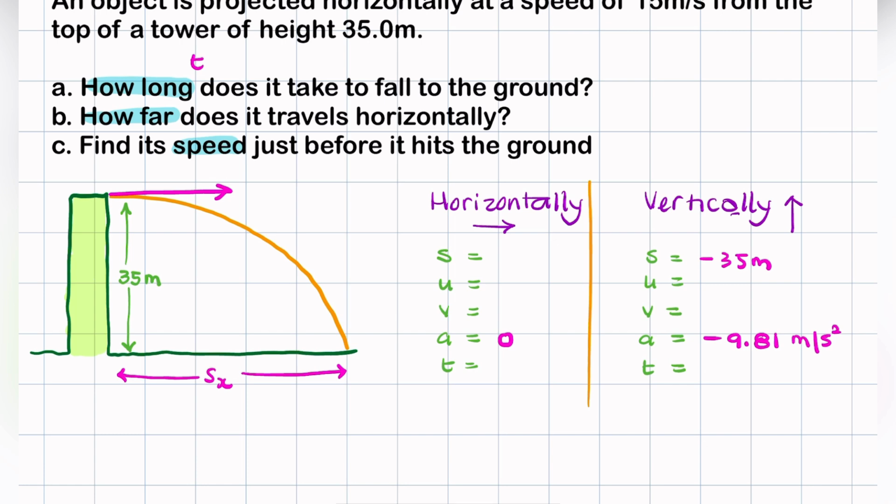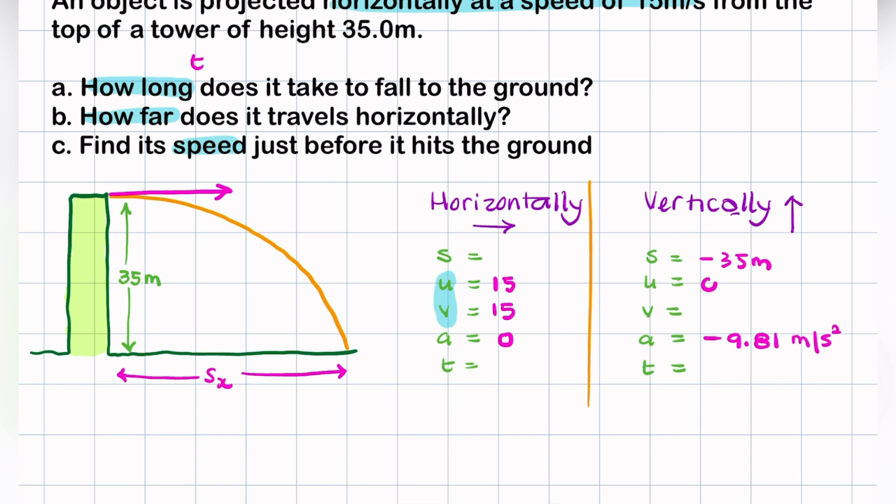Now, the velocity we're given is horizontal. So that will be my horizontal velocity. And because there's no acceleration, u and v are the same. So it's 15 for u and 15 for v. Vertically, initially, there is no velocity.